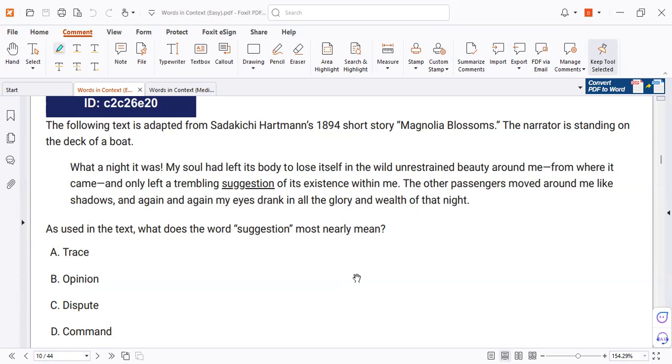Okay, sorry, but which sheet is that again? Yeah, this is the easy one. The one with 44 pages? Yes, but go to page number 10 in the PDF. Okay.